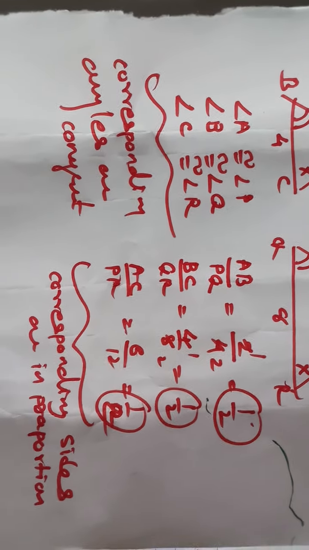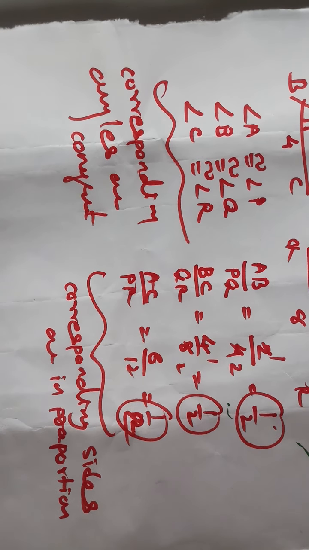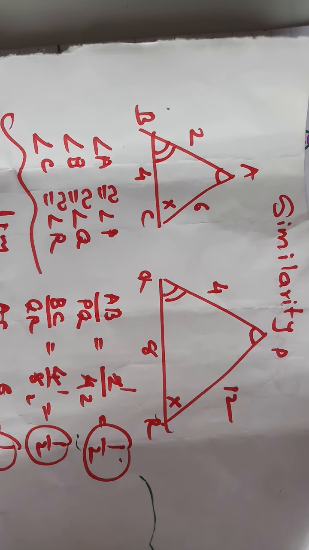So what is a similar triangle? In given triangles, if the corresponding angles are congruent and corresponding sides are in proportion, then we can say that the triangles are similar triangles.